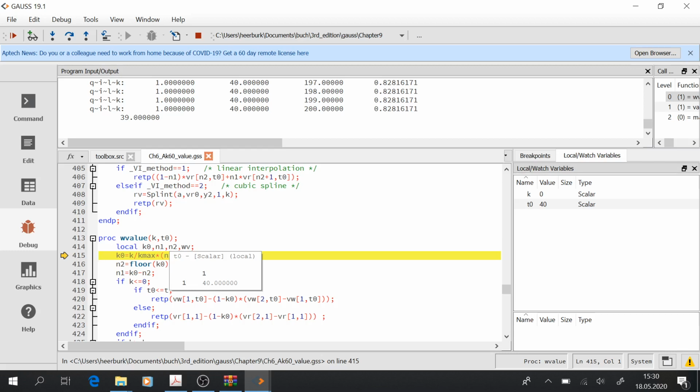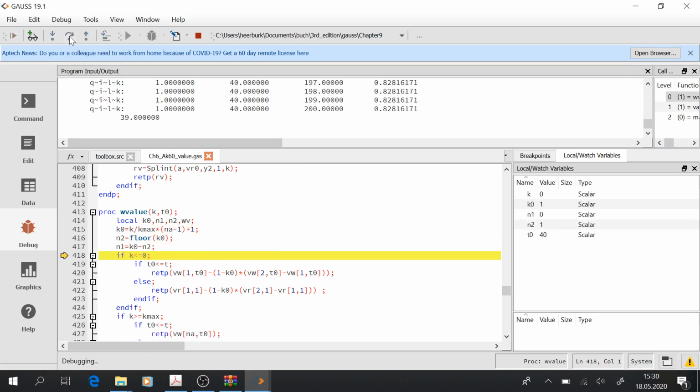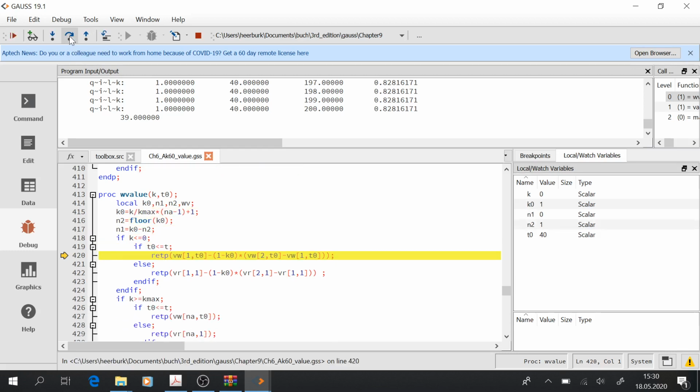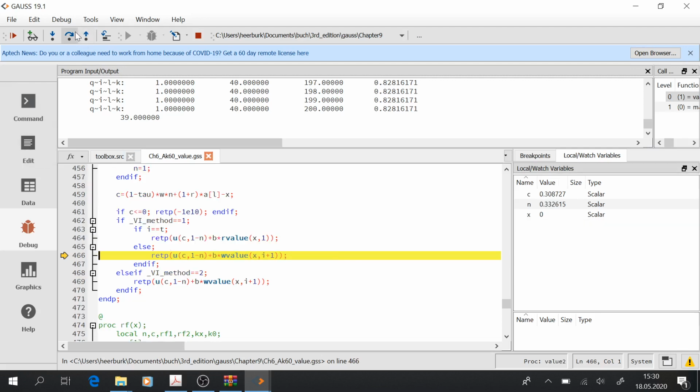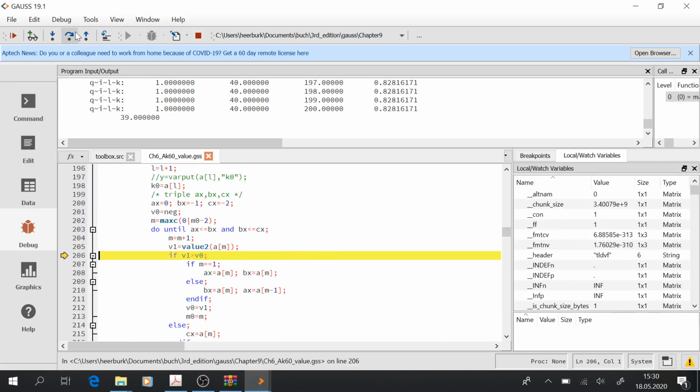And again, we just do a linear interpolation here and return the interpolated value at age 40 for capital stock K. All right, and the rest is as before, as in the case of the retired agent. We just search over the asset grid, iterate over M from 1 up to 200 and find the interval, the limits that bracket the maximum.